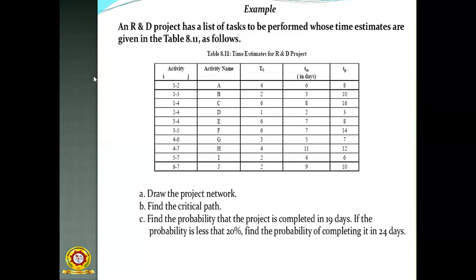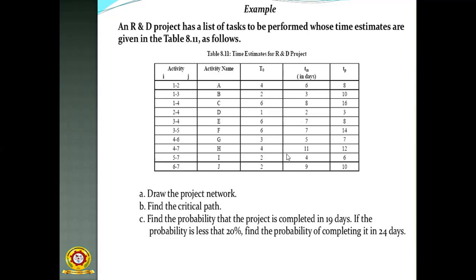In the example, an R&D project has a list of tasks to be performed whose time estimates are given in the table as follows. In the table, they are giving the three time estimates, that is the optimistic time, the most likely time and the pessimistic time, along with the activity and the activity name.